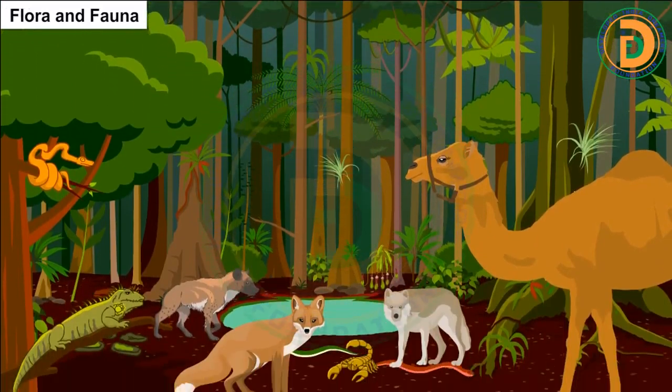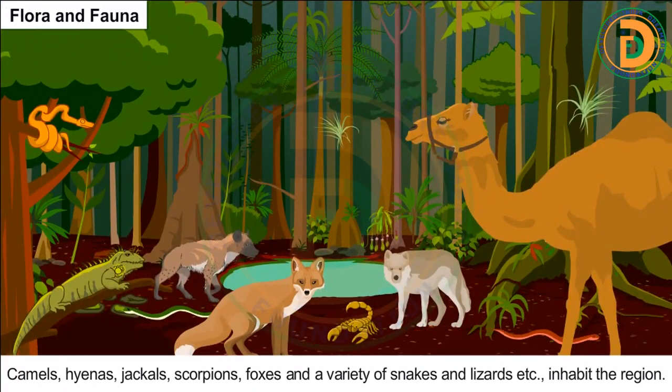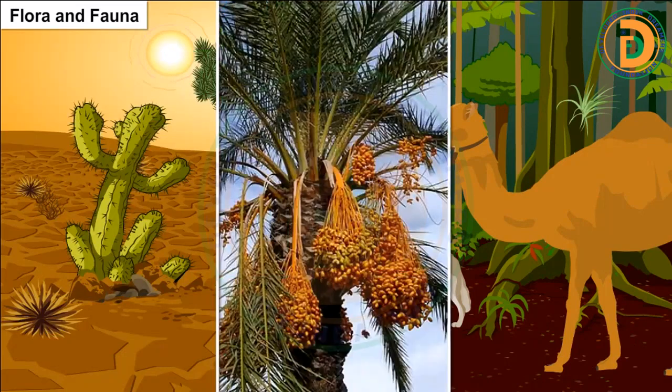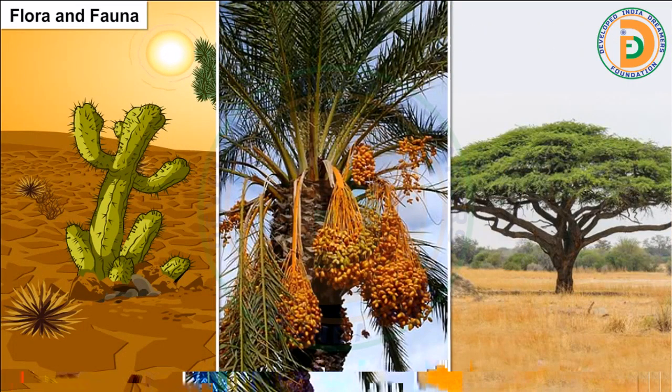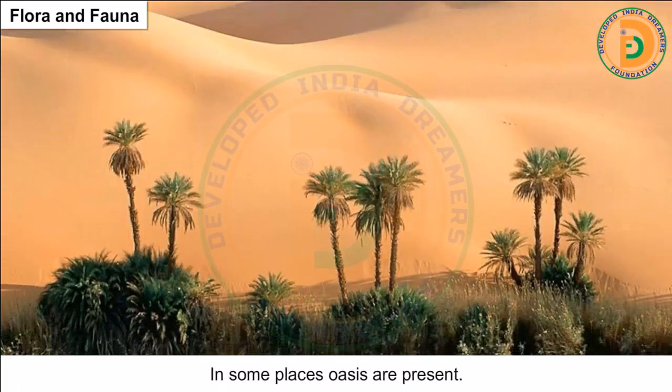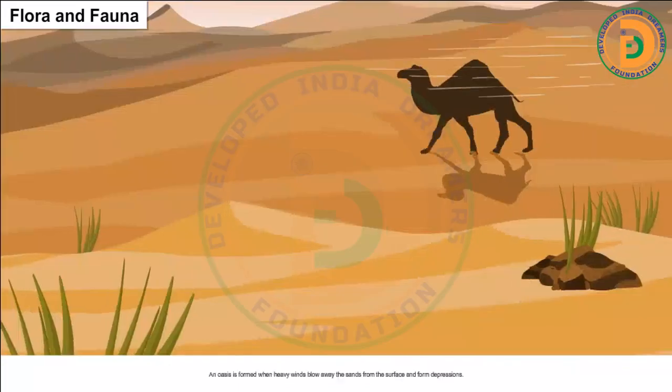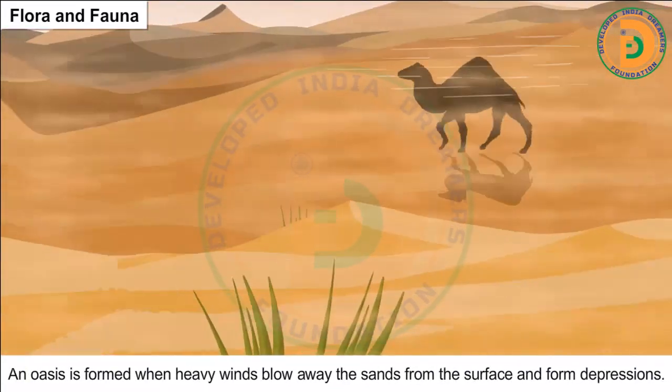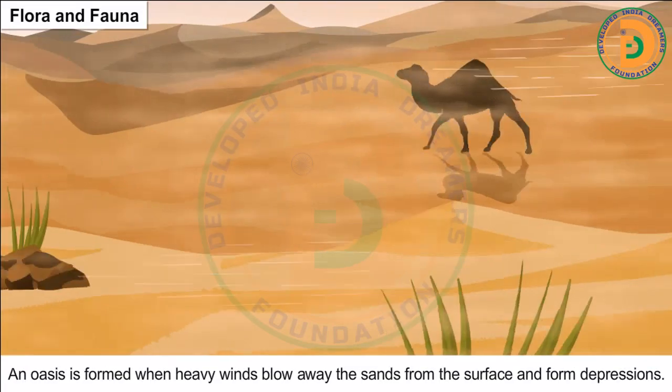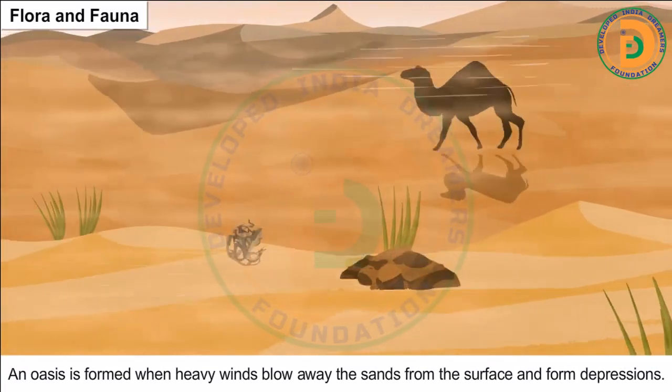Flora and fauna. Camels, hyenas, jackals, scorpions, foxes and a variety of snakes and lizards, etc. inhabit the region. Cactus, date palms and acacia are commonly found here. In some places, oases are present. An oasis is formed when heavy winds blow away the sands from the surface and form depressions.